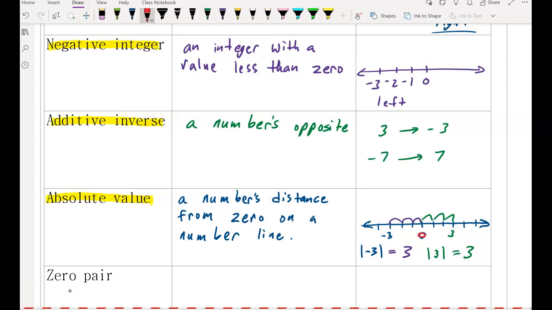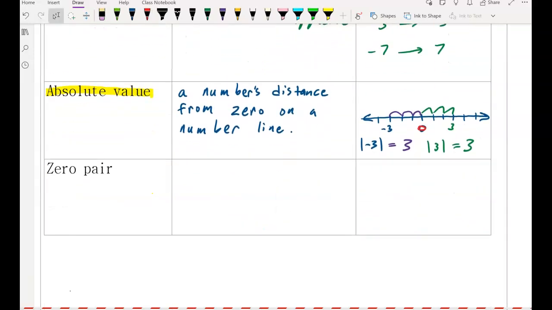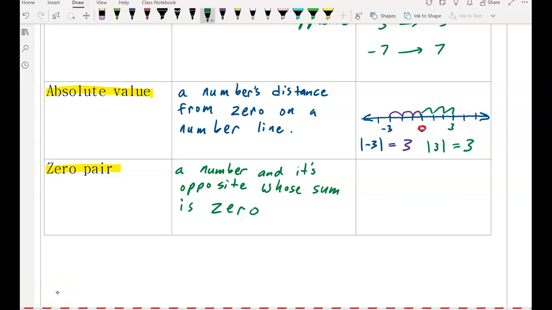Okay, great. That takes us on to our very last term. What is a zero pair? Well, that's a great question. The answer is a zero pair is a number and its opposite whose sum is 0.